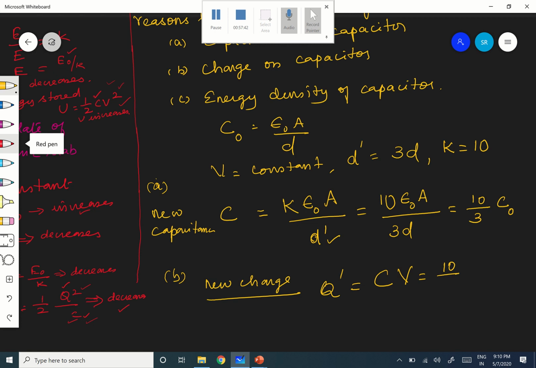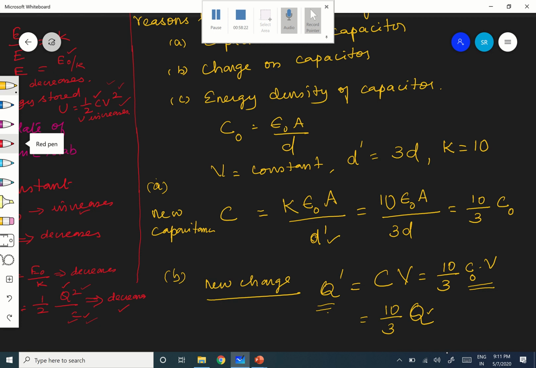C is equal to 10 by 3 C naught, into V. Therefore it is 10 by 3 times the initial C naught V. C naught V is the initial Q, and Q dash means after introducing the dielectric, while Q is the charge stored before introducing it.